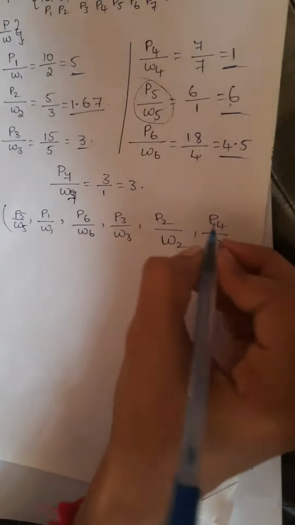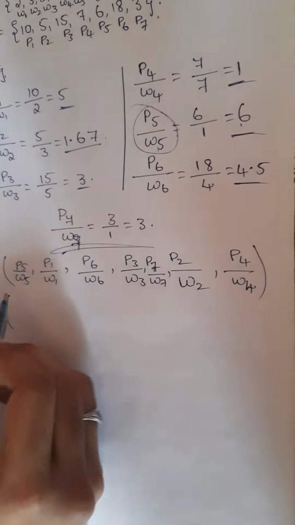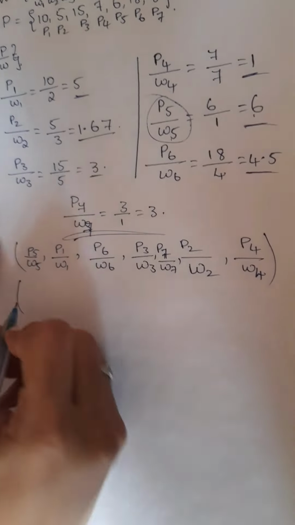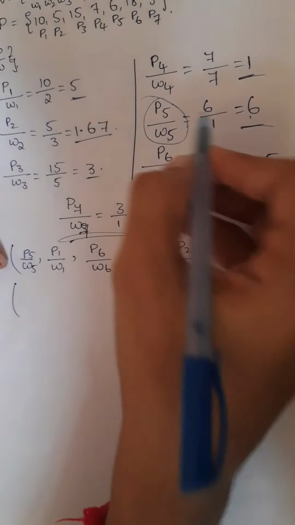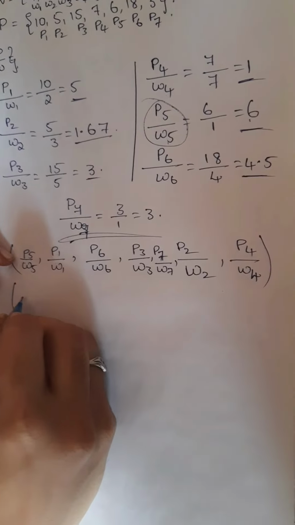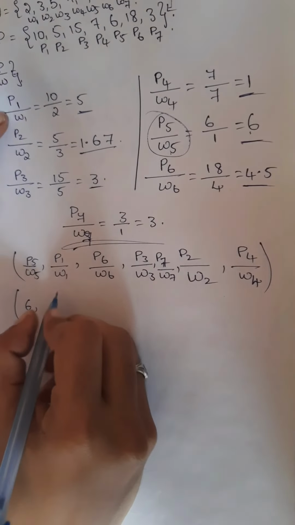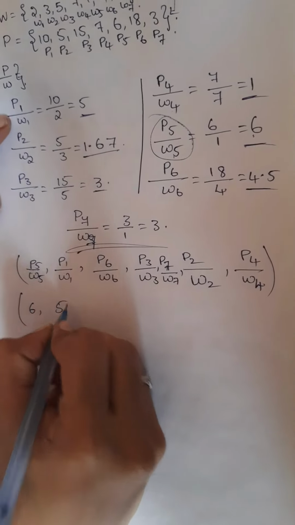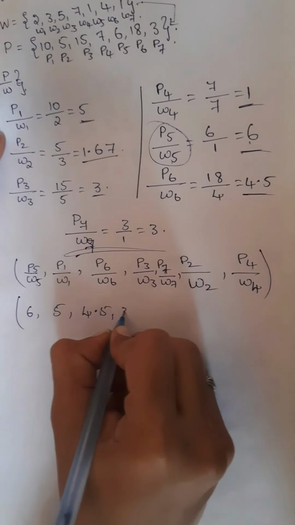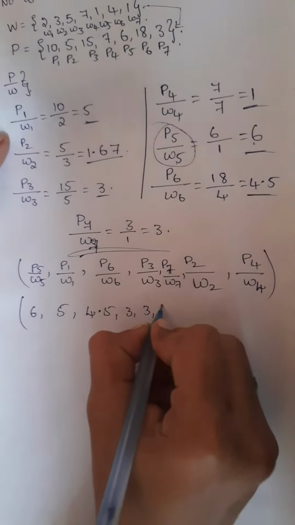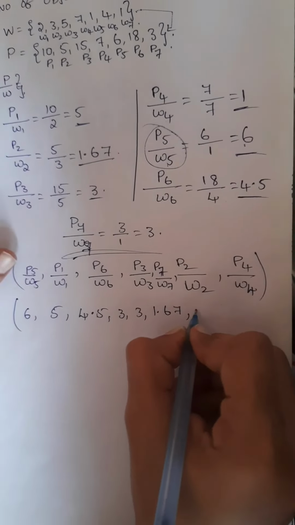Now write the values. These are the profits for the 7 weights. Now we have to write the values for all these: P5 by W5 is 6, P1 by W1 is 5, and next 4.5, and next 3, 1.67, and next 1.